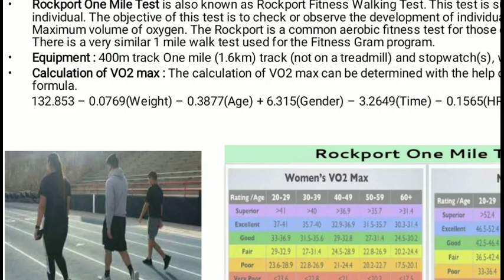Whatever your weight is, you put it here. Then minus 0.3877 multiplied by your age, for example 14 or 15 years. Then plus 6.315 multiplied by gender, whether you are male or female.